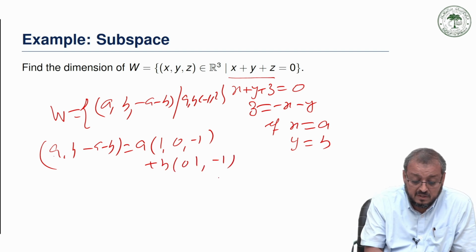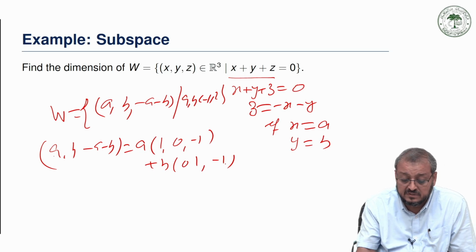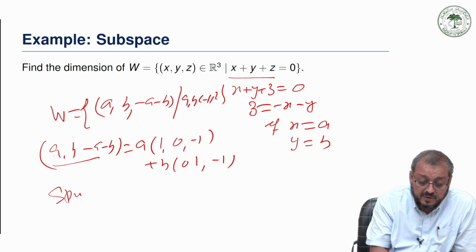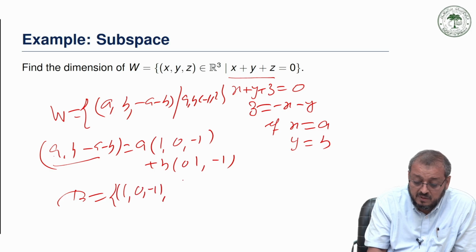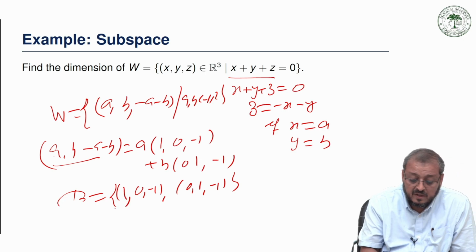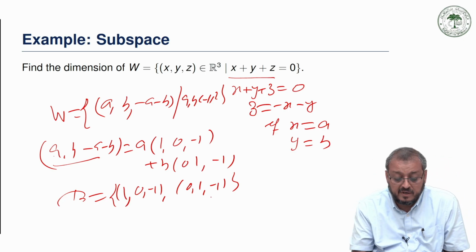So this can be written in this form. So we can say that span of these are the two elements, 1 0 minus 1 and 0 1 minus 1, and clearly you can see these two vectors are linearly independent.